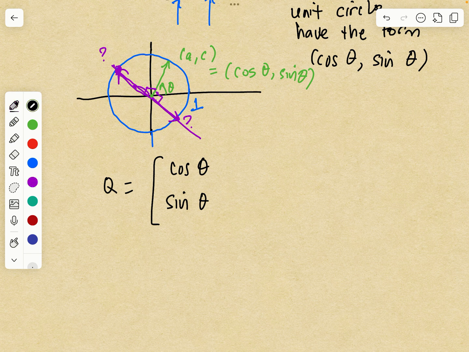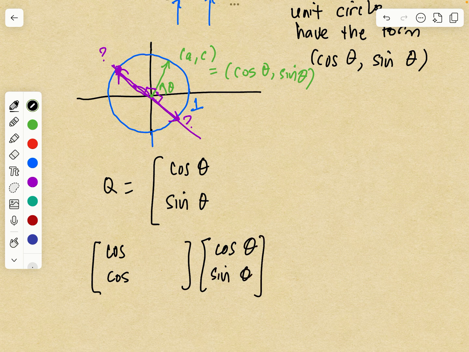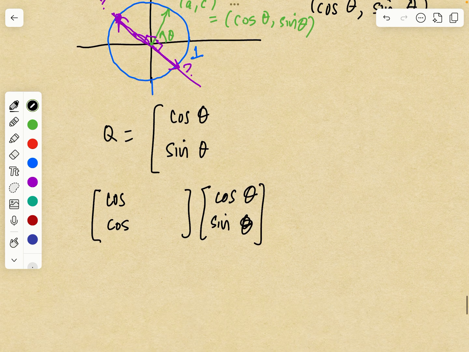So we can actually multiply, maybe we'll use radians, this first vector, (cosine theta, sine theta), as the first column, by the matrix that rotates vectors by 90 degrees counterclockwise.